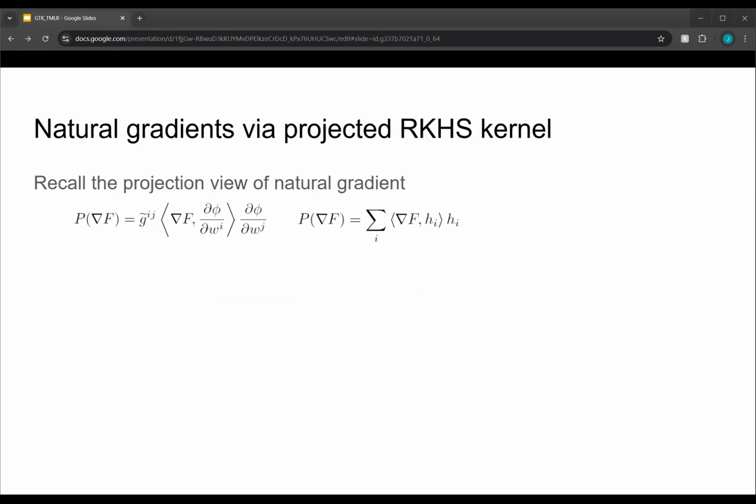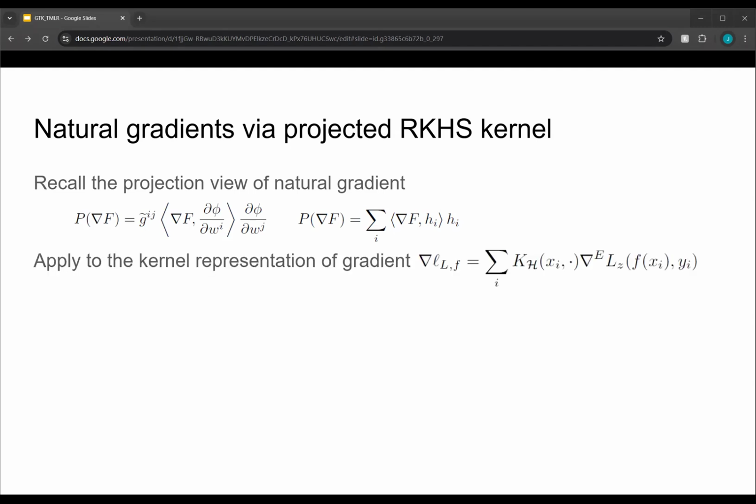After addressing the existence issue of the functional gradient in the ambient space M with RKHS theory, we can proceed to define the corresponding natural gradient following our projection view. Recall the previous projection formulas of natural gradient using the default push-forward basis and the orthonormal basis on the tangent space of the embedding phi.